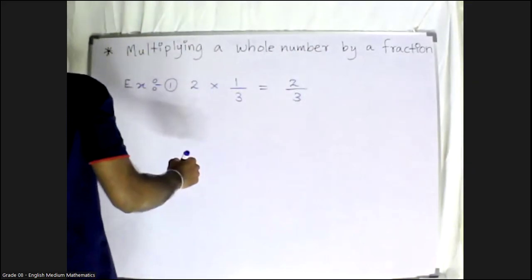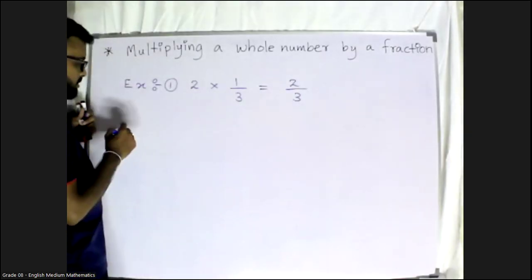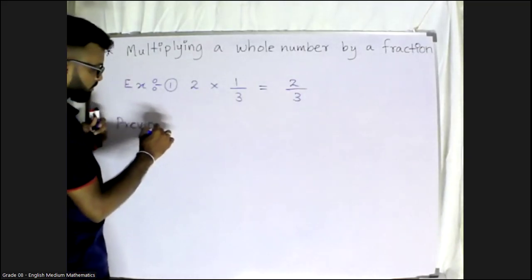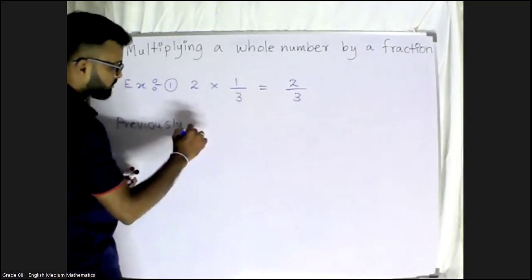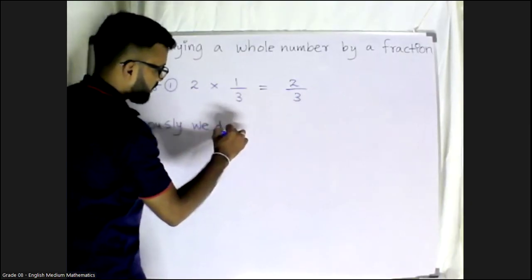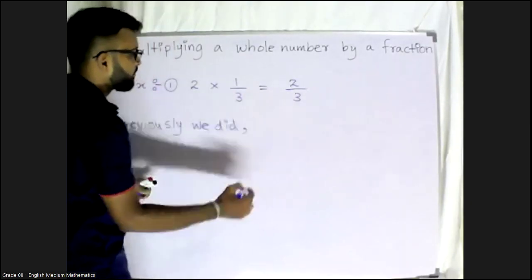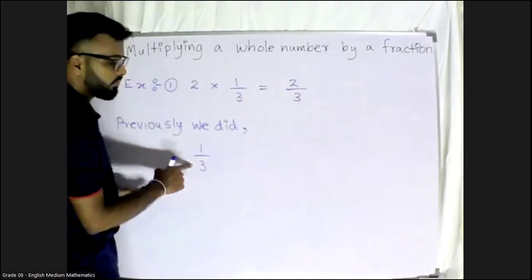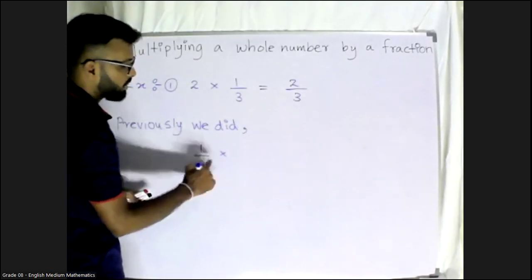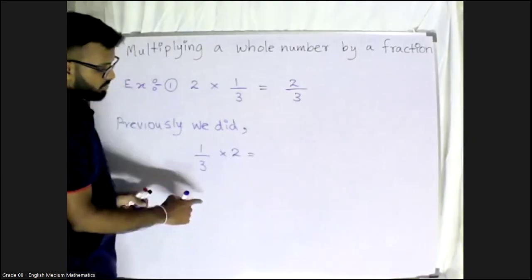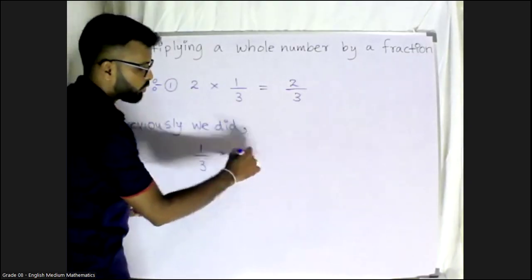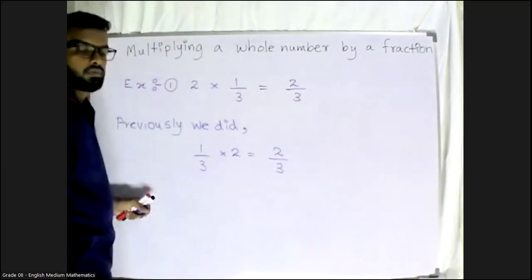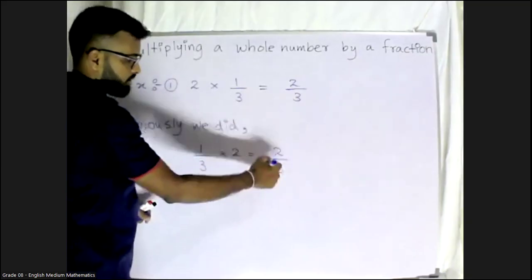So what we previously did was the other way around of this. Fraction comes to the first place. 1/3 times 2. So what is the numerator? 1 times 2, which is 2. Denominator is 3. So these are the same answers.